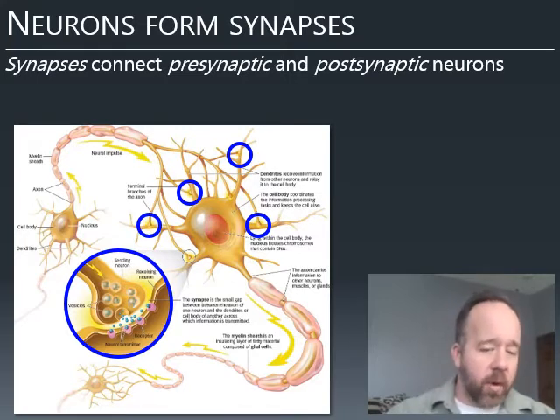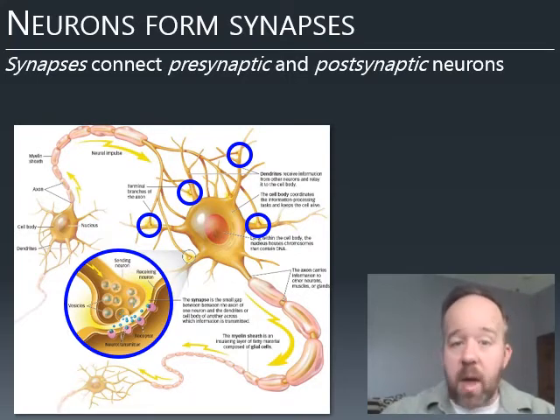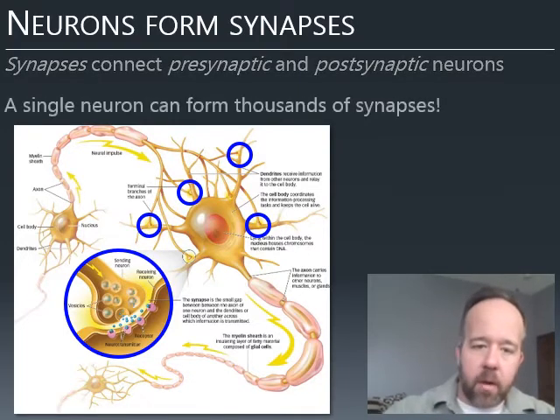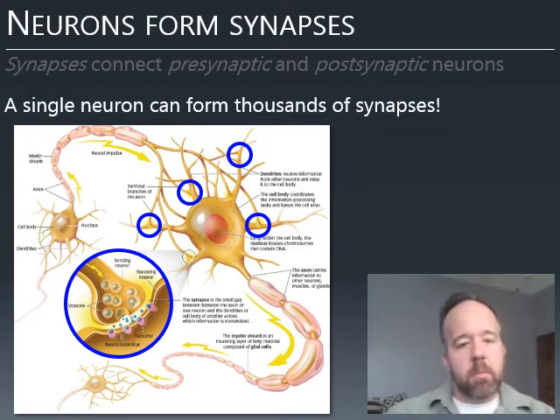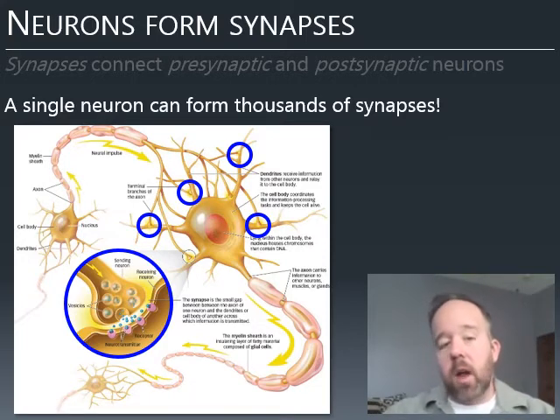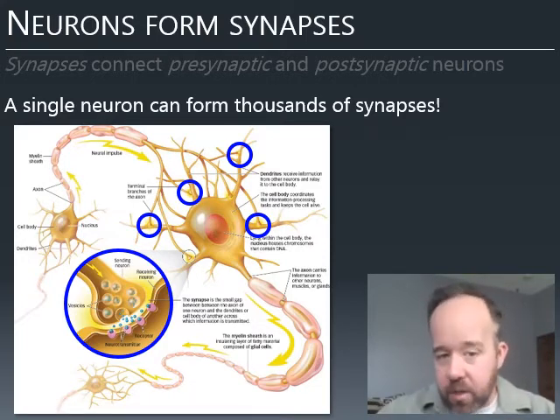So if we zoomed in like we have here, we see these chemicals that are housed in the presynaptic neuron released into the synaptic cleft, the gap between the two neurons, and picked up by the postsynaptic neuron. And this cartoon may look complex, but it's relatively simple compared to reality, where a single neuron can form thousands of synapses.